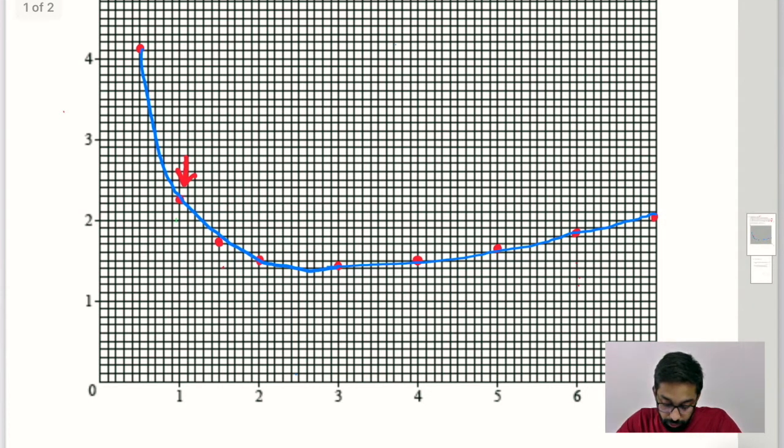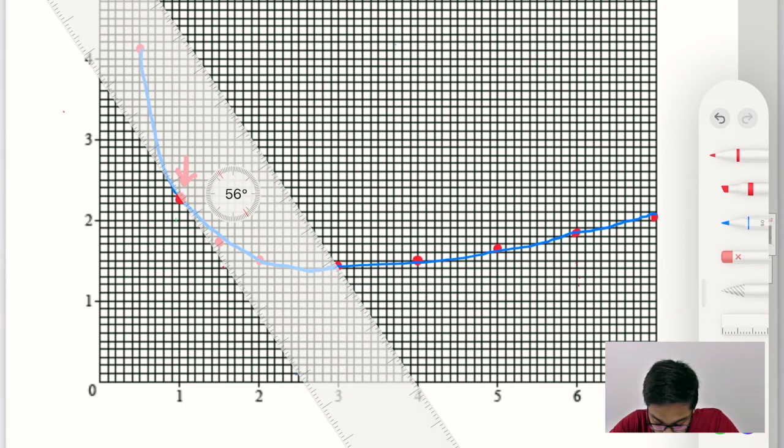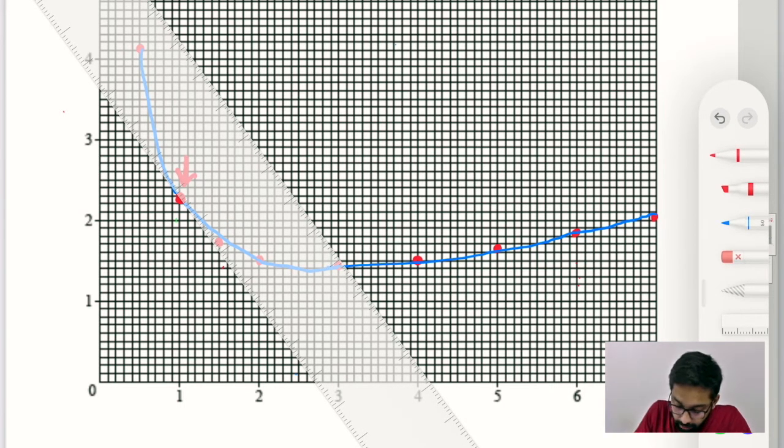Now, a tangent is a line that just touches one point on this curve. So let's take out a scale and let's try to make it as straight as possible. So I put the scale right there. I'll try to barely touch it. Okay, right there. Now let's draw a straight line.